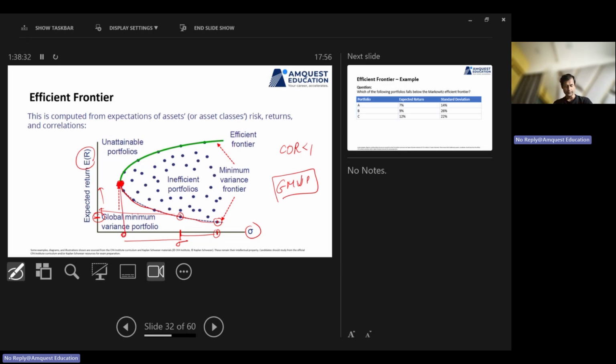The lowest, because after that point your portfolio variance will start going up. Okay. And why is it going up? Because you're adding more and more of the riskier asset. Okay. And your return is obviously increasing. Your return is going higher, but your risk also is going up. Clear?